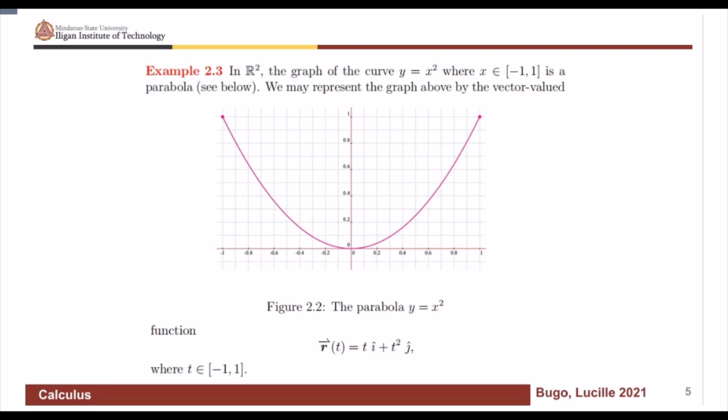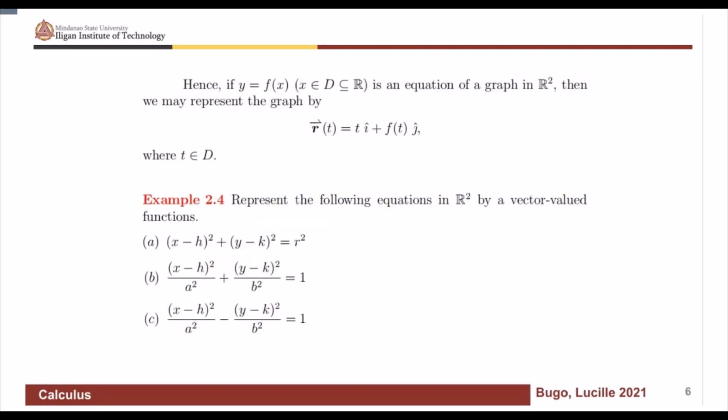In this case, our x is t and our y is t squared, where t is in the interval -1 to 1. Hence, if y is equal to f of x, then we may represent the graph by r of t equal to t i hat plus f of t j hat. So again, we let x be equal to t.